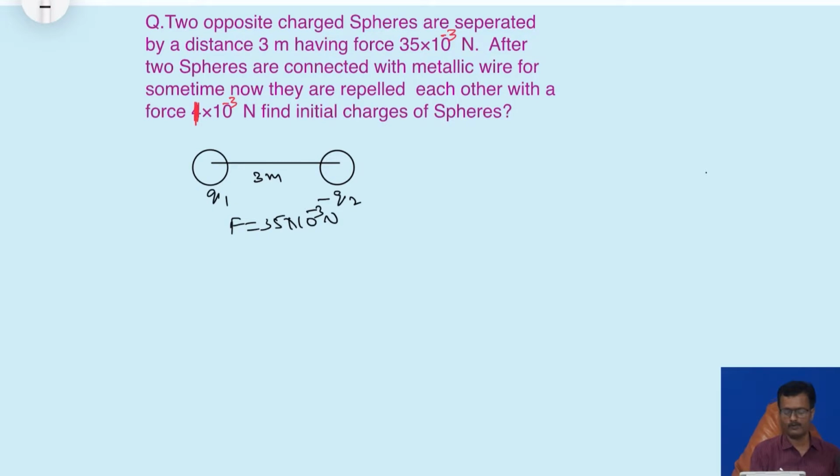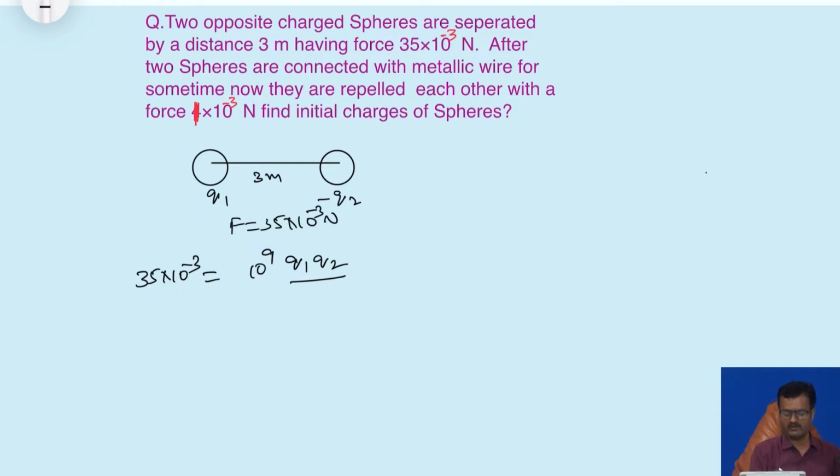So force formula: F is equal to, that is 35 into 10 power minus 3, 1 by 4 pi epsilon naught, that is 9 into 10 power 9, q1, minus q2, but I take here q2 because here I need not the direction, minus indicates direction, only I want the magnitude. So I remove minus here, q1 q2 by r square, that is 3 square, 3 square is 9, so 9, 9 cancel.